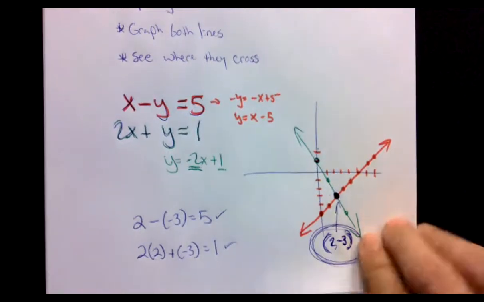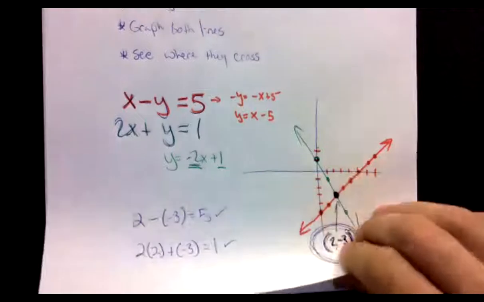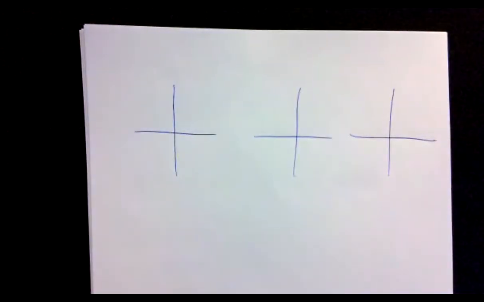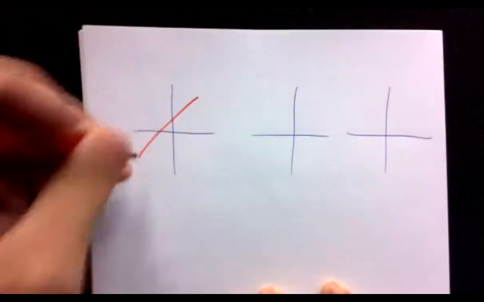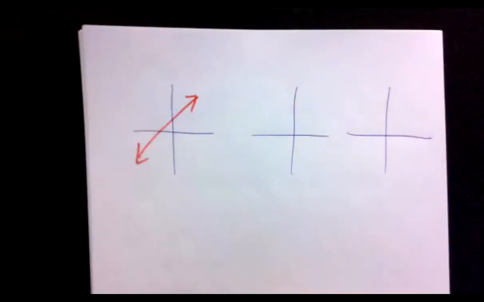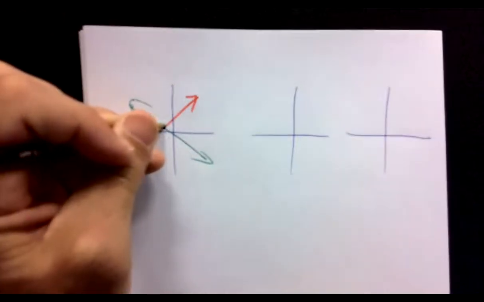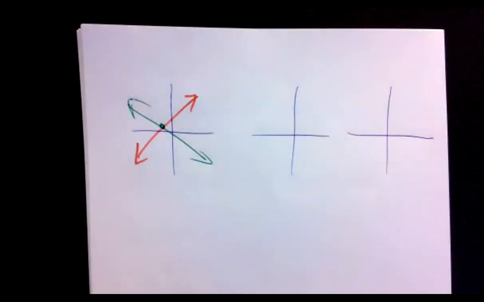So when it comes to solving a linear system, again, if we graph our lines, one of three situations is going to happen. Okay, just like we showed, you're going to get two lines, and probably what's going to happen is those two lines are going to cross.